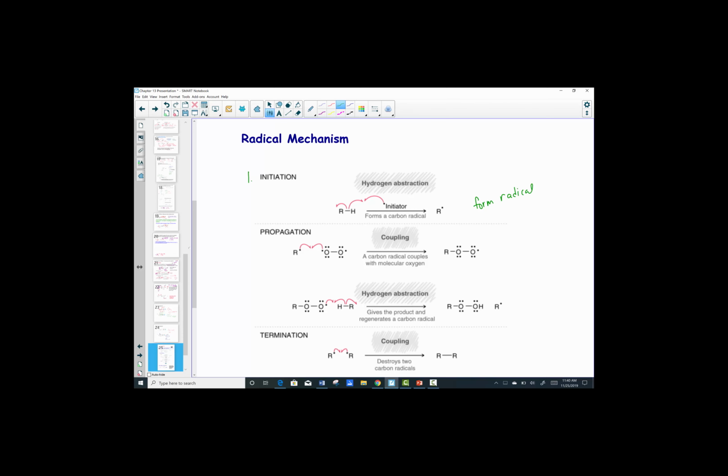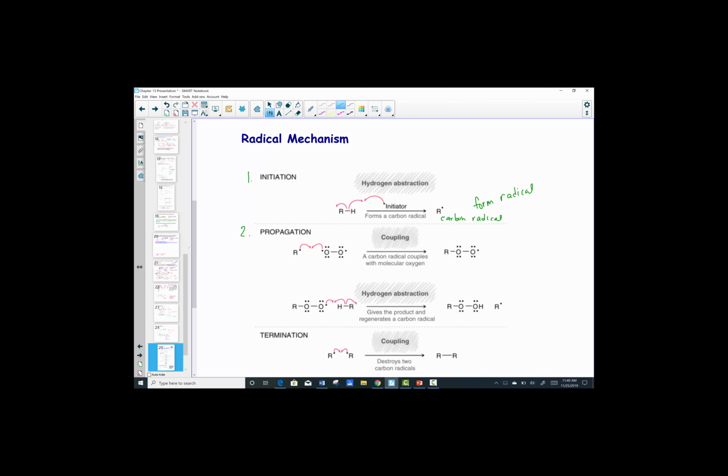And so we'll see an alkane, such as RH, in an initiator, whatever that might be, some radical to initiate the propagation steps, is going to form a carbon radical. So hydrogen abstraction initiates this mechanism.